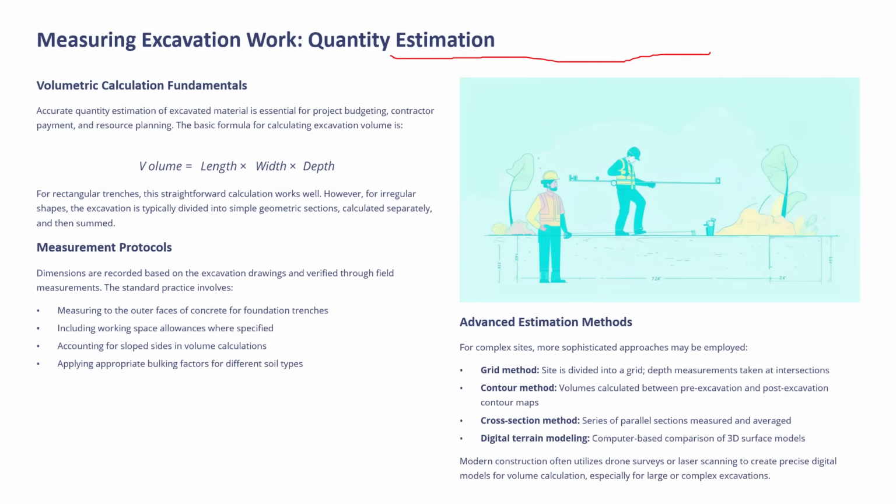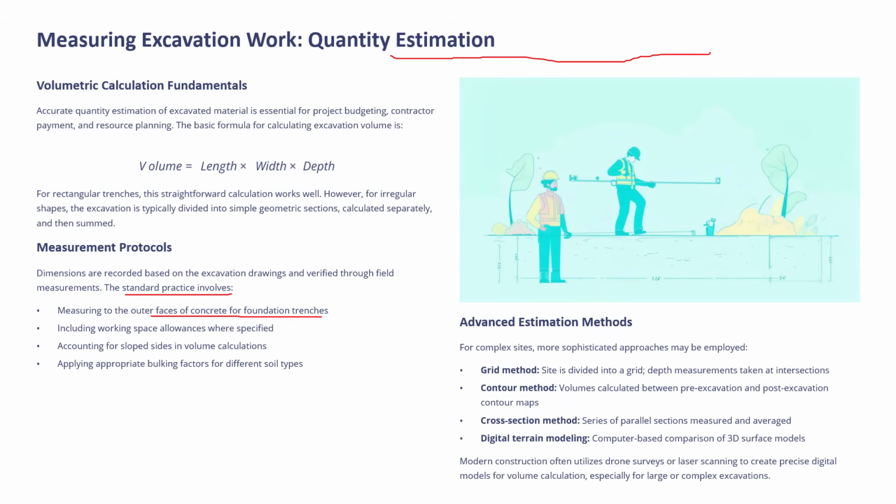So for a more accurate calculation, you need to follow certain measurement protocols. Dimensions are recorded based on excavation drawings and verified through field measurements. The standard practice involves measuring the outer faces of the concrete for foundation trenches.